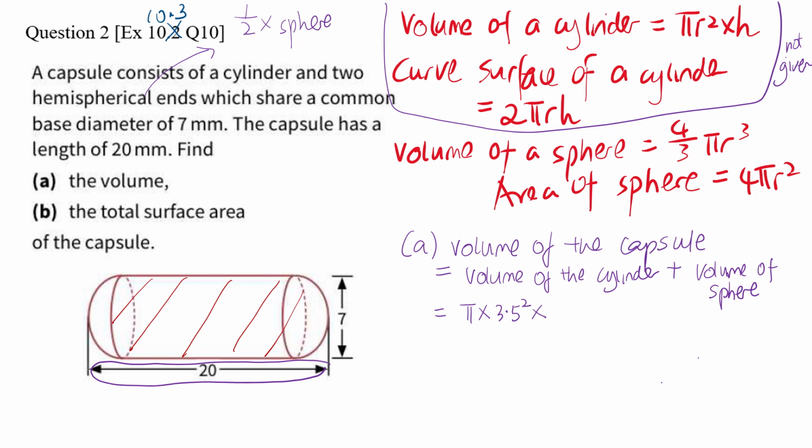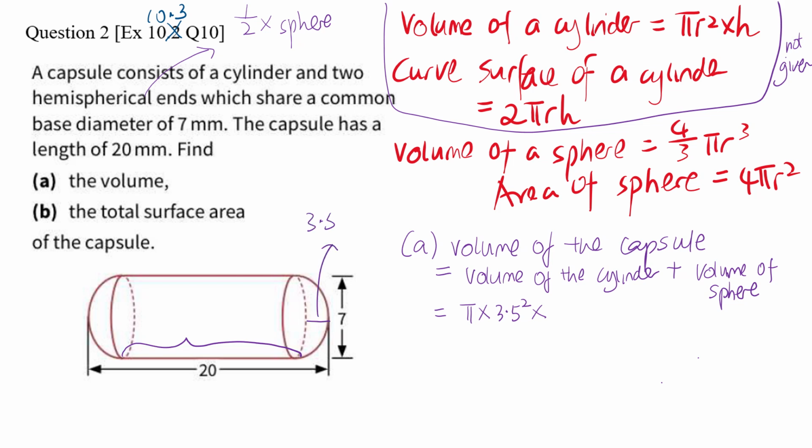So the height of the cylinder is just from here to here, which means you have to minus away the radius of your sphere, which is 3.5. So you will have to take 20 minus 3.5 times 2.